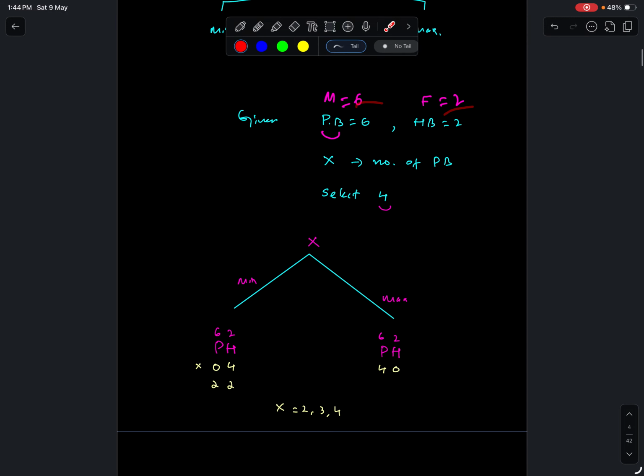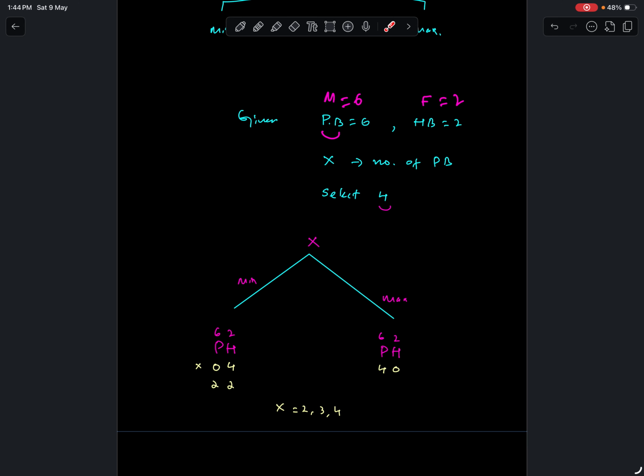Find the number of selections of 4 people from 8, and X represents number of males. So males, minimum we can have, maximum how many males can we have?